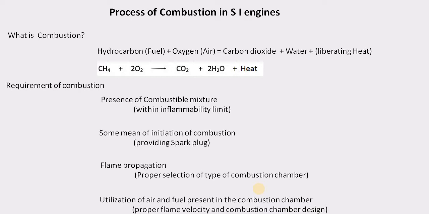For this, the shape of the combustion chamber must be proper, the spark plug location must be proper, and the flame velocity along with the size of the combustion chamber also matters. When all these things are proper, we can ensure that air and fuel are properly burned inside the combustion chamber without any abnormality.